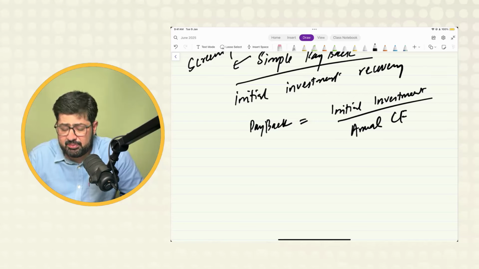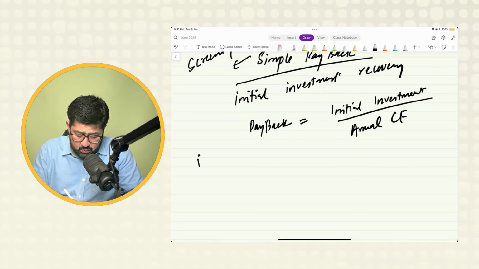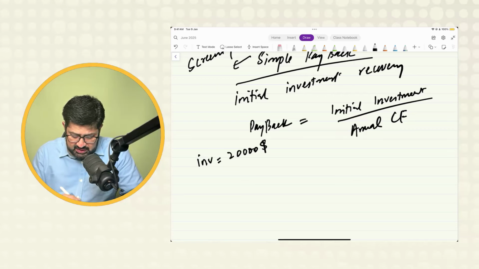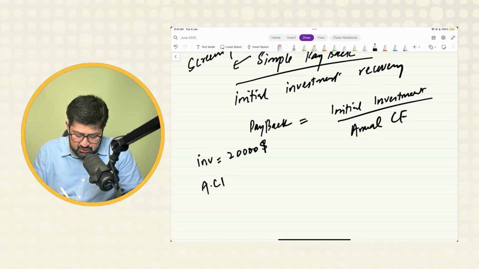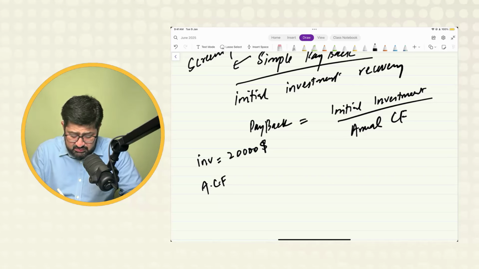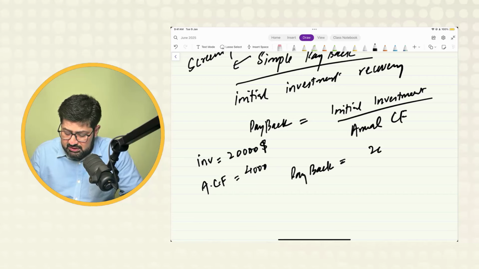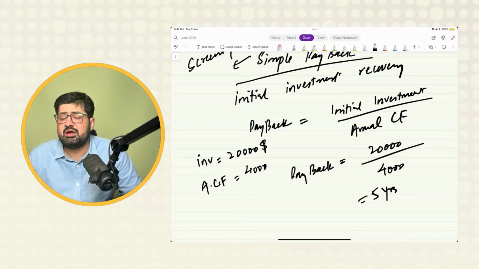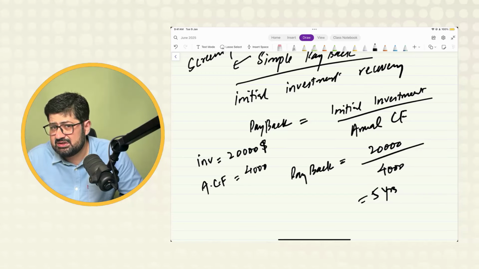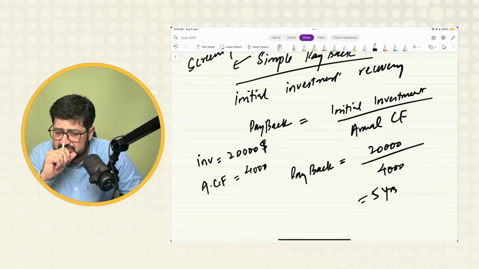For example, a project has an initial investment of $20,000, and the annual cash flow produced will be 4,000. What will be the payback? Very easy: 20,000 divided by 4,000, so 5 years. In 5 years, the project will return its original investment.